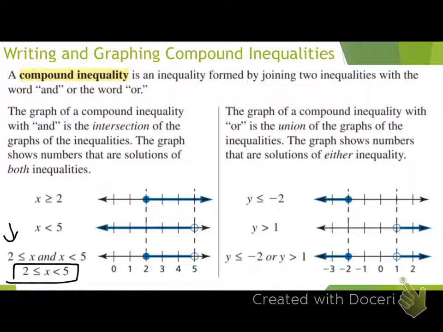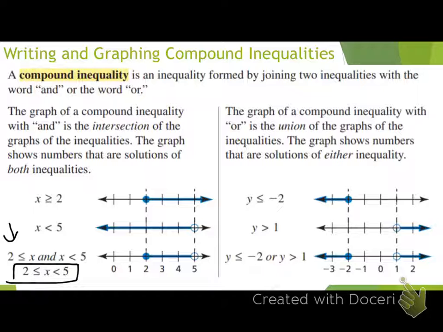Remember, a solution has to fit both conditions. Okay? So, for this example, would 0 be a solution? No. 0 is less than 5, but 0 is not greater than or equal to 2, is it? No. It's got to fit both of them at the exact same time. Is 10 a solution?